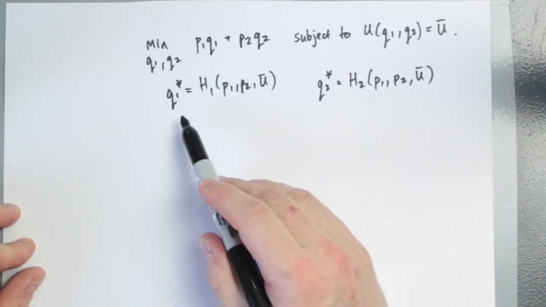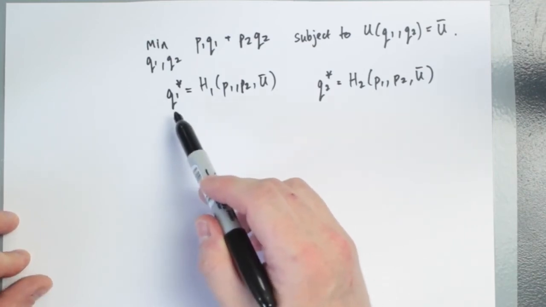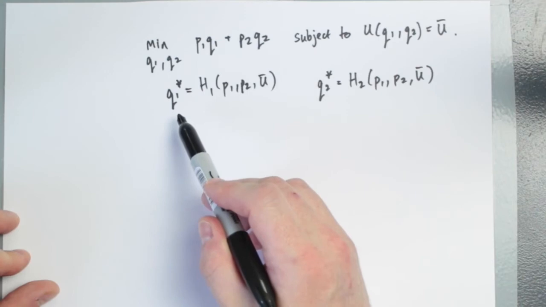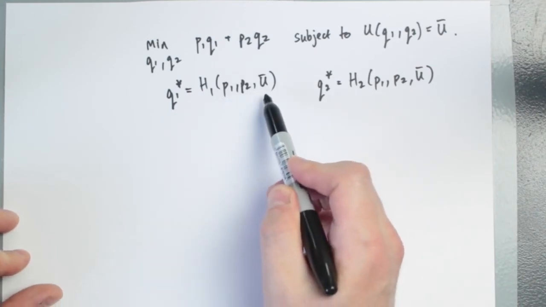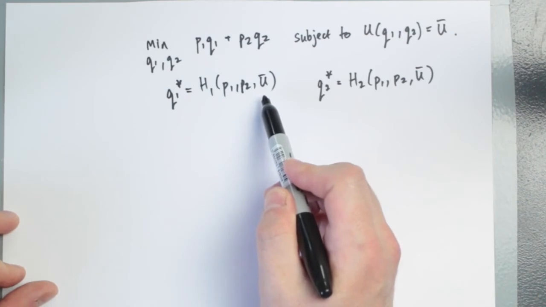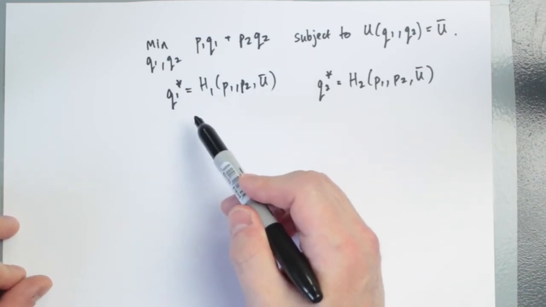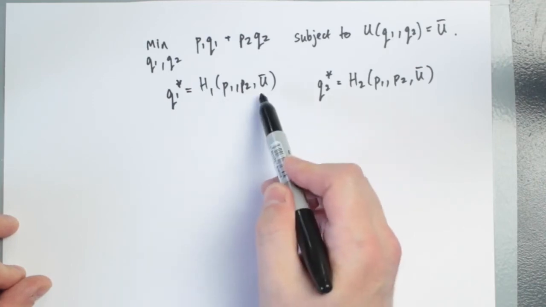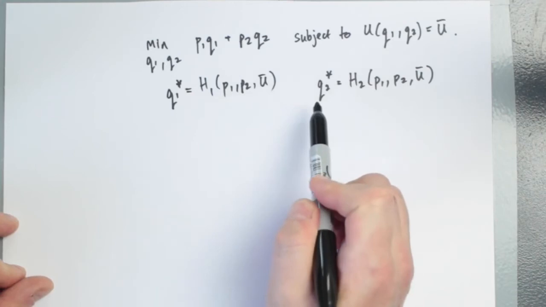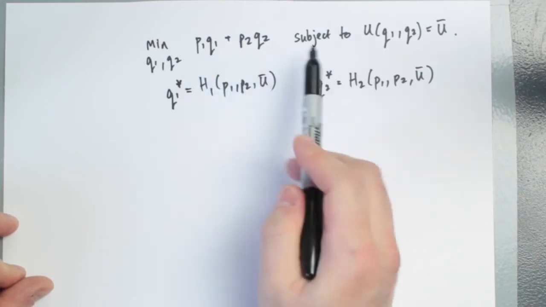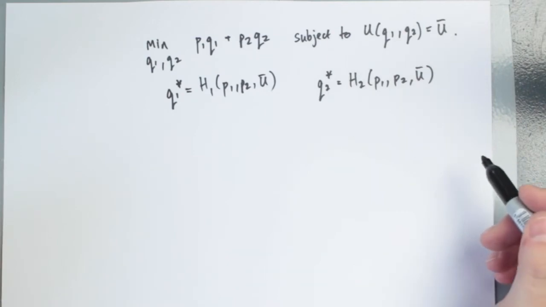So Hicksian demands are telling us essentially the amount of good 1 that you would purchase when the prices are P1 and P2 and you're targeting a level of utility U bar. You're choosing a bundle that minimizes the expenditure required to get this level of utility, and these amounts, Q1 star and Q2 star, are effectively the amounts that solve the expenditure minimization problem.